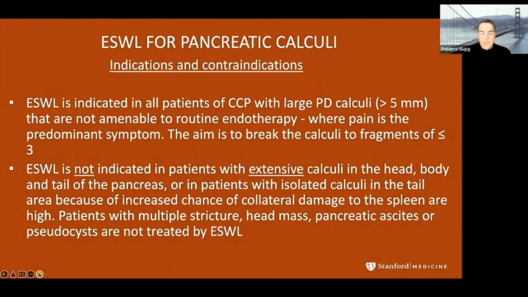Remember that we don't want to use extracorporeal shockwave lithotripsy in patients with extensive calculi of the head, or when the calculi are isolated to the tail of the pancreas, because we can injure the spleen, and where you have strictures, head mass, pancreatic ascites, or pseudocysts. These are not the ideal patients.